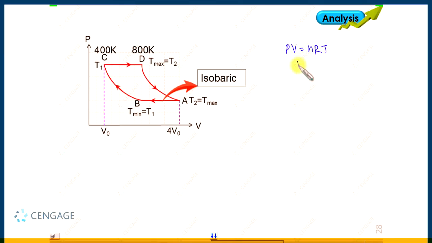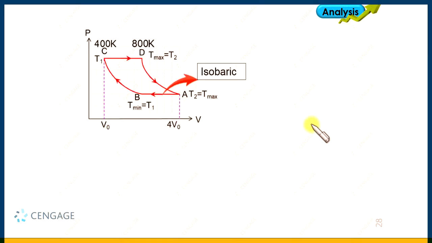If P is constant, V is proportional to T. We know the volume at this point is 4 V naught, and the temperature becomes half while moving from A to B. That means the volume at this point should also be half. That means the volume at point B should be equal to 2 V naught.